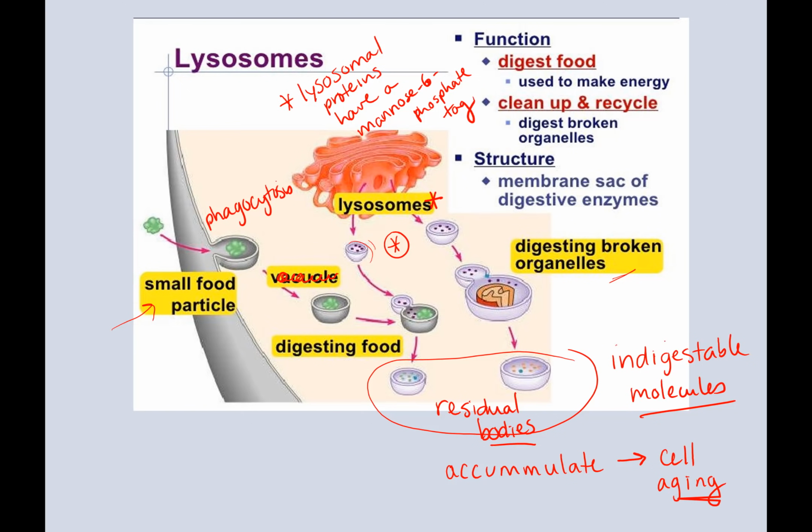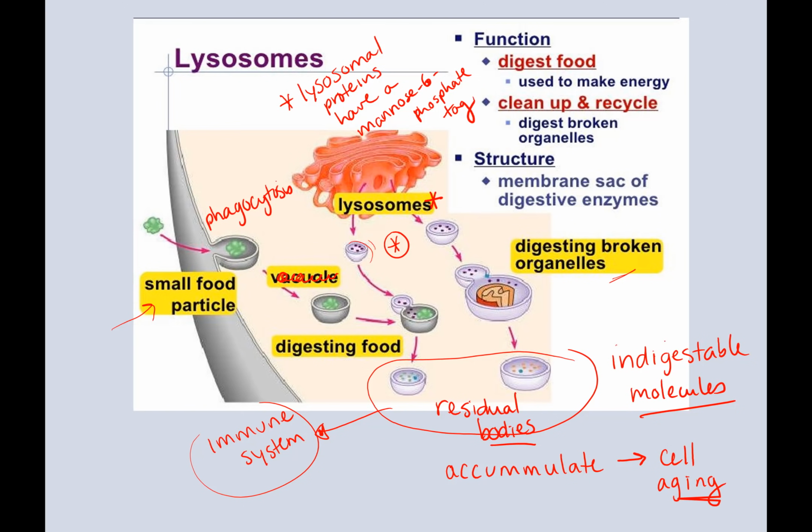Okay. There's one other way residual bodies are used, and in the immune system, oh, that was cool. In the immune system, certain cells of the immune system will take those residual bodies and present them, which means they put them on the outside and they train your immune system, hey, this is foreign.